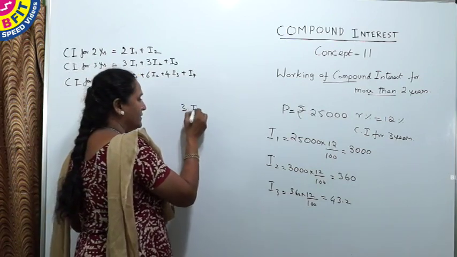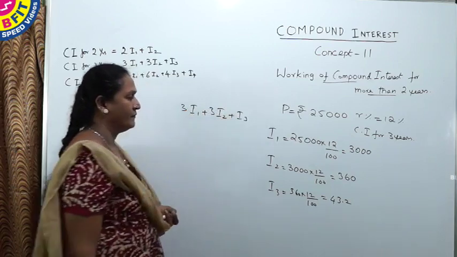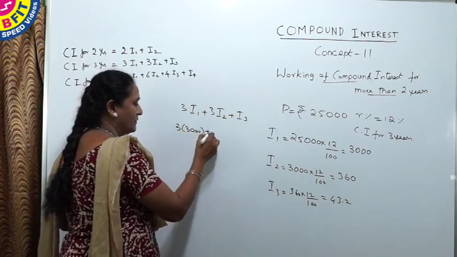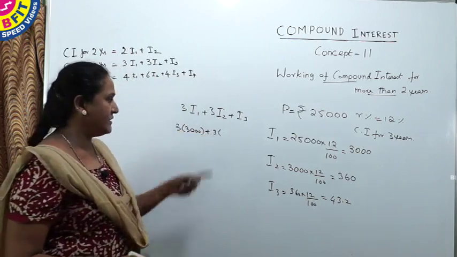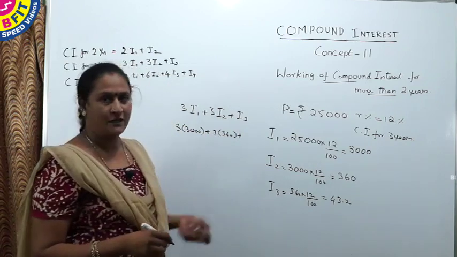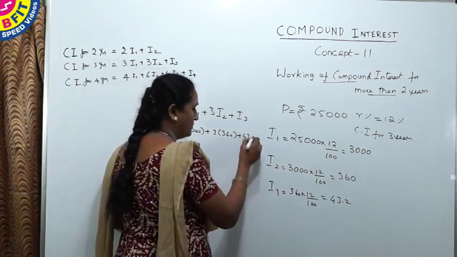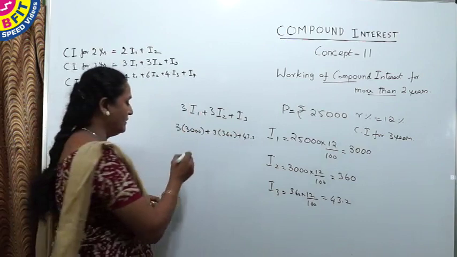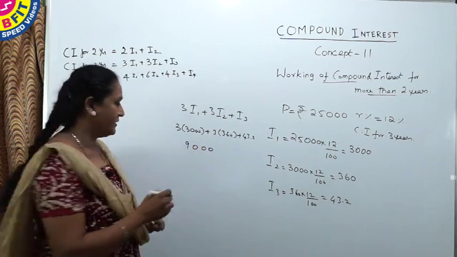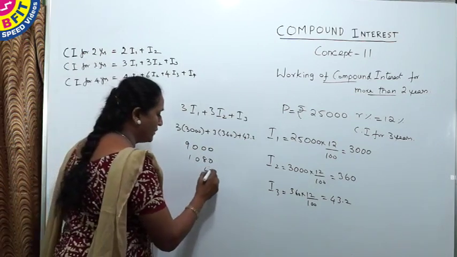So for 3 years it is 3I1. I1 is 3,000, so 3 into 3,000, and I2 is 360, 3 into 360, plus I3. I3 doesn't have any coefficient because for that year we are only finding interest. Now multiplying and adding: this is 9,000, and multiplying 360 with 3 gives 1,080, and add this 43.2.